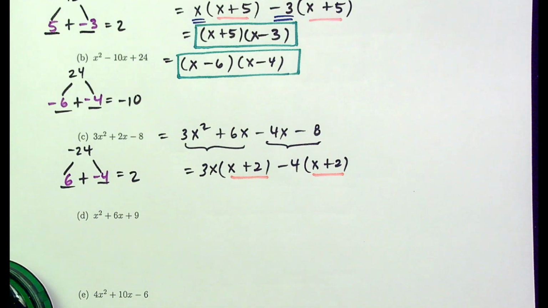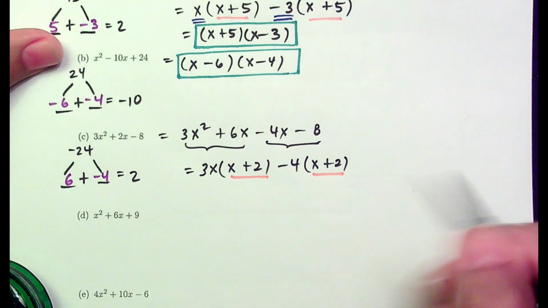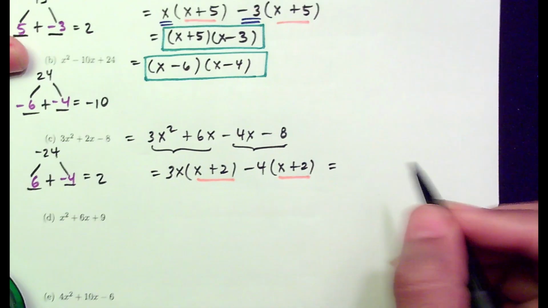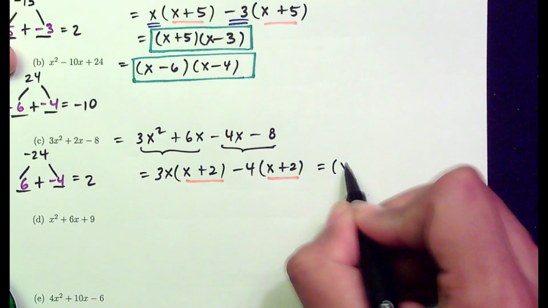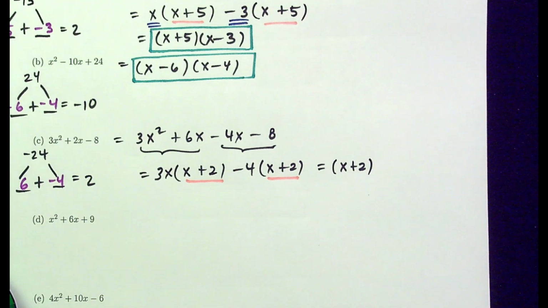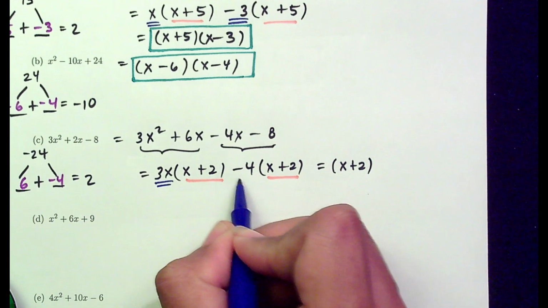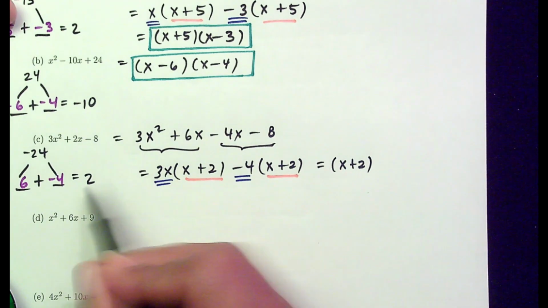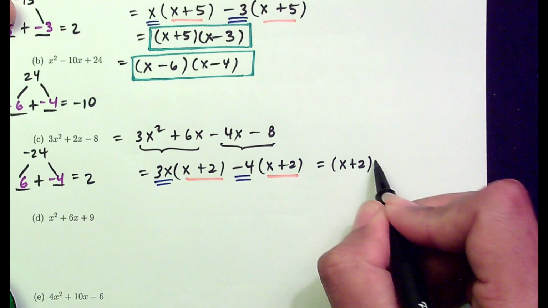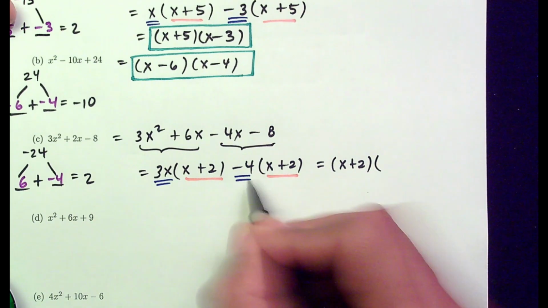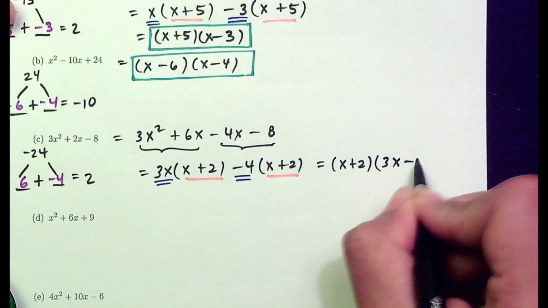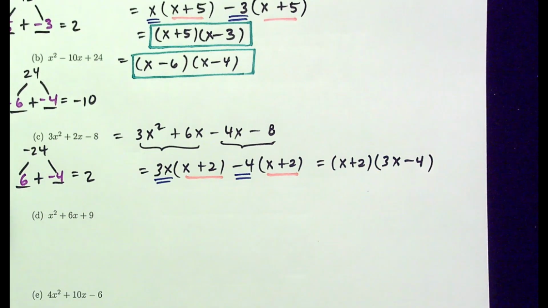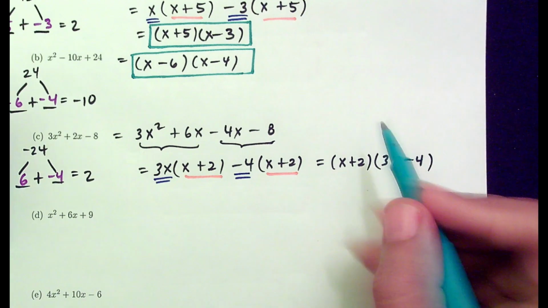You pull out the common factor, which is x plus 2, and write down what was left once you pull out the x plus 2. What is left over is 3x from there, and a minus 4 from the other one. Okay, and that is the answer for that one.